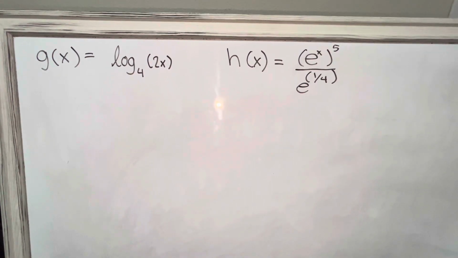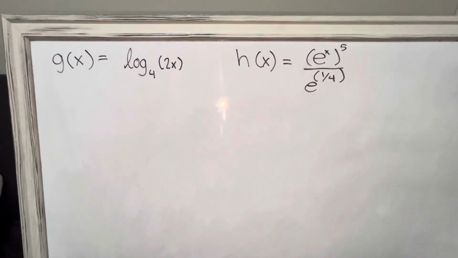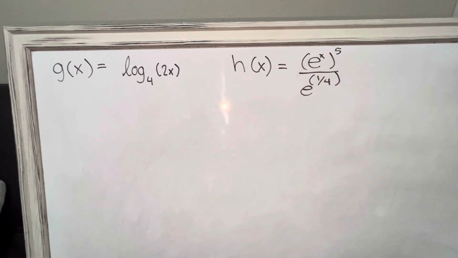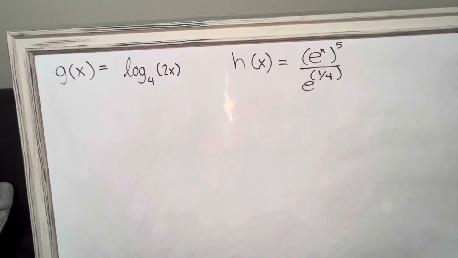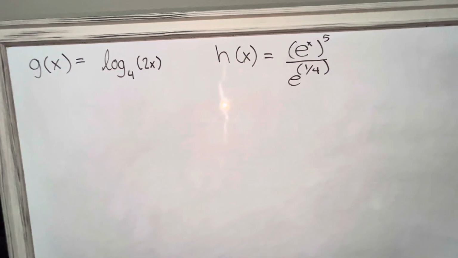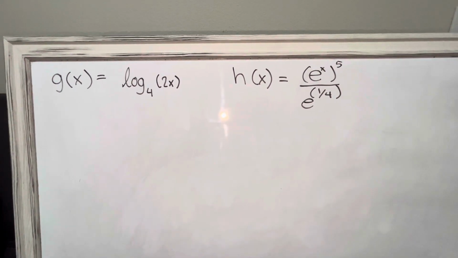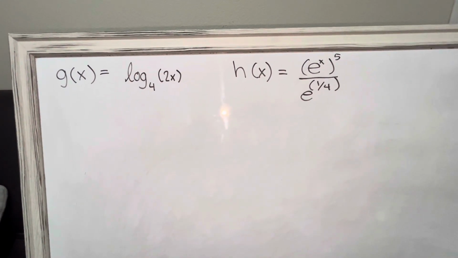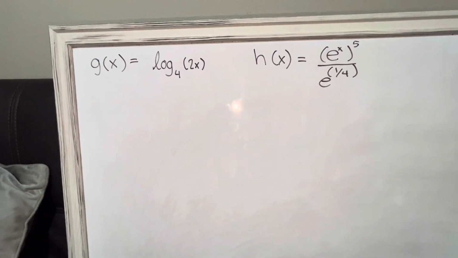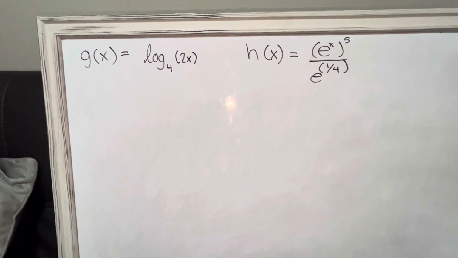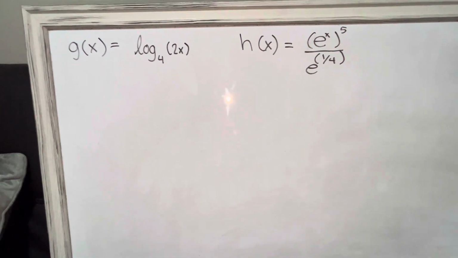The functions g and h are given by g of x equals log base 4 of 2x and h of x equals e to the power of x to the power 5 all over e to the power of 1/4. So how do we solve h of x equals e to the power of half for values of x in the domain of h?